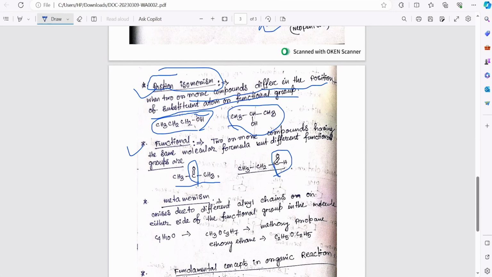In this way, we can differentiate between position isomerism and functional isomerism.